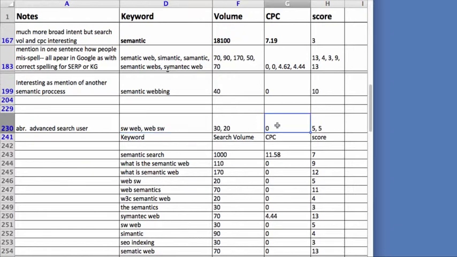I'm actually surprised that I didn't find CPC here, but the volume is so low. I'm sure some smart people are bidding on this if they want to find those that are more advanced users or those that have a great understanding of the semantic web.